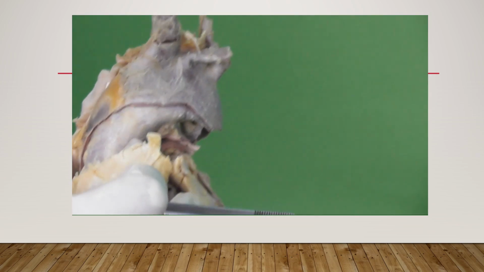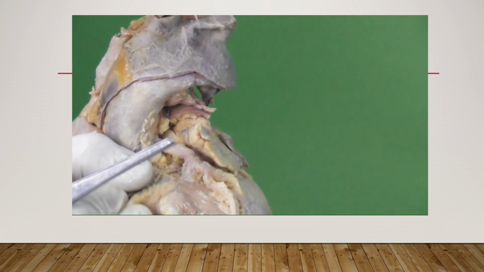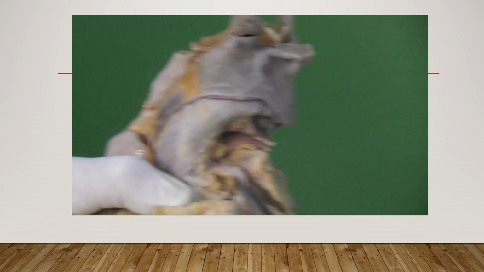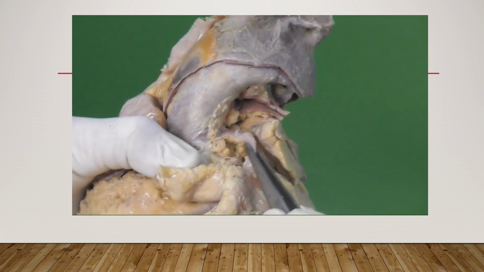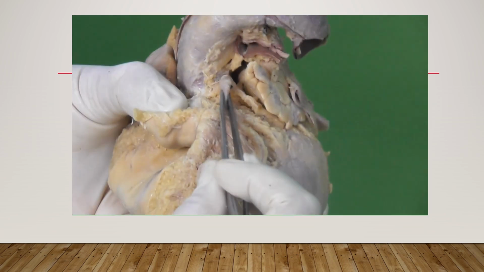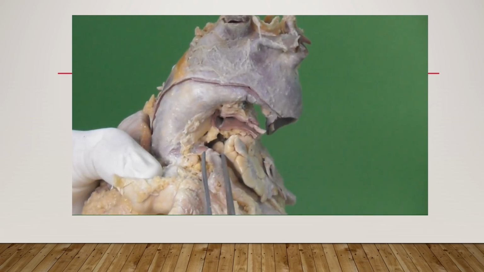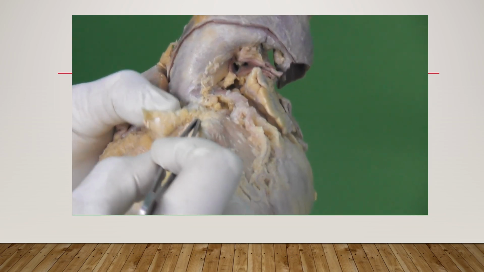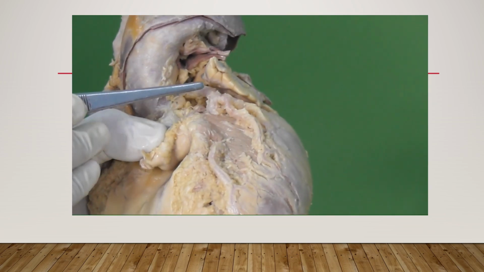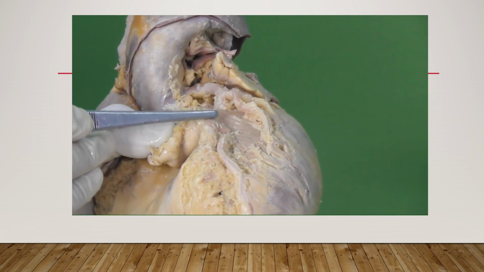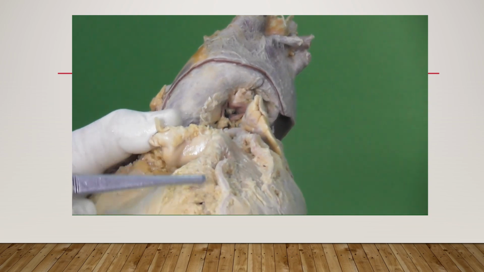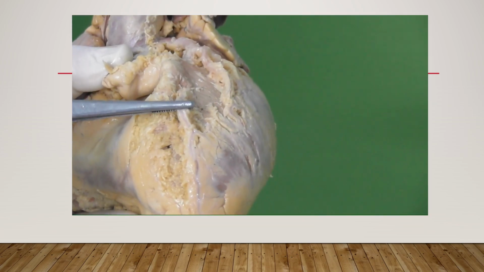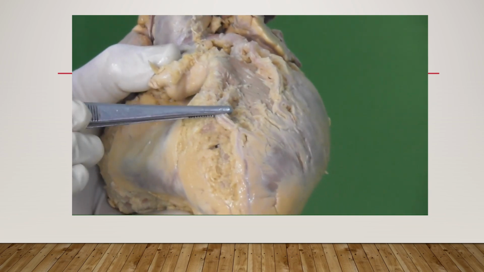Similarly, here we can retract the pulmonary trunk and see the origin of the left coronary artery from the left posterior aortic sinus. After coming to the left border, here we can see the branch given by the left coronary, which goes to the anterior interventricular sulcus, the anterior interventricular artery.